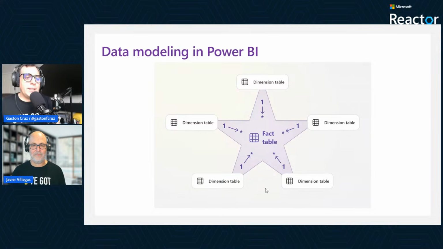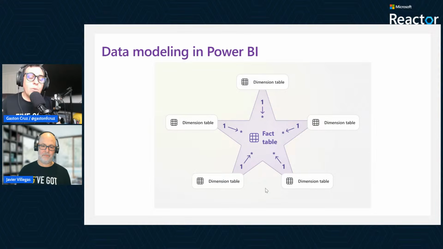After you get the data, a key element here is understanding the data that you're working with. That means you can have multiple dimensional tables in your model. You can have one or more fact tables in that model. But the important thing is how you're going to be interconnecting all these tables together.